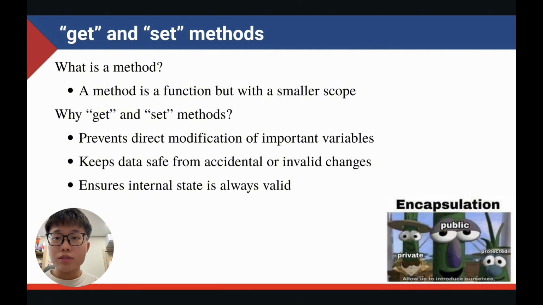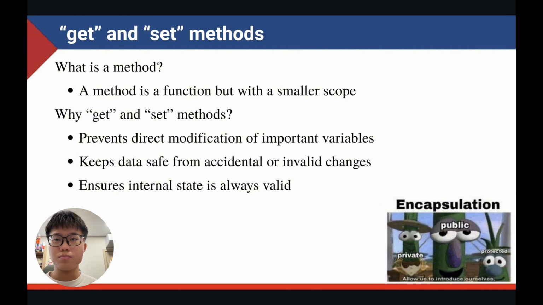So, to help with encapsulation, we use get and set methods. First, what is a method? A method is simply a function but with a smaller scope. So why use get and set methods? We use them for three safety reasons.